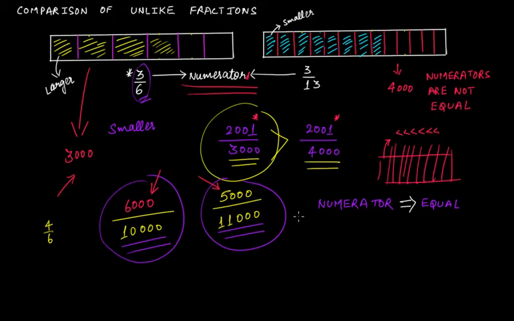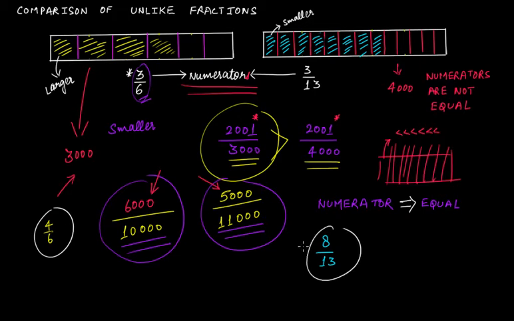Okay, this is 8. So the shaded fraction represented by these 8 shaded portions will be 8 by 30. So this time you have 4 by 6, 8 by 30.